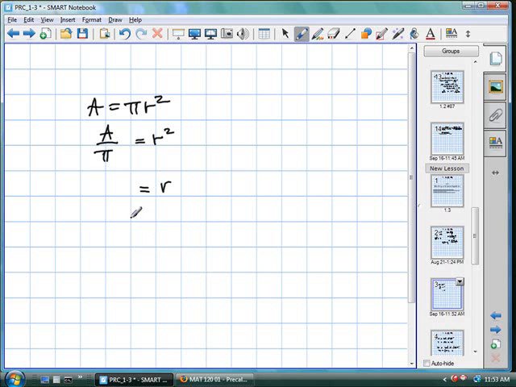And so this is important that you remember both. So then, this is as good as we're going to do. We got r down. Now, I know radii can't be negative, but still, it's really important in algebra that whenever you take a square root, make sure you take both.